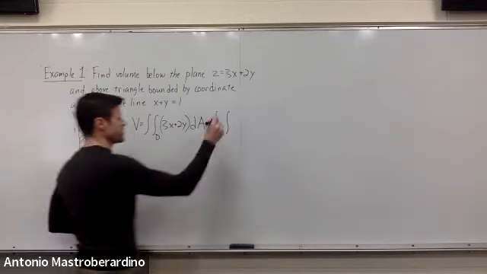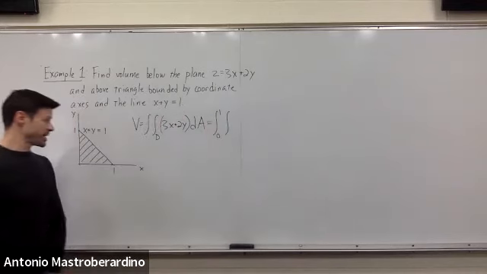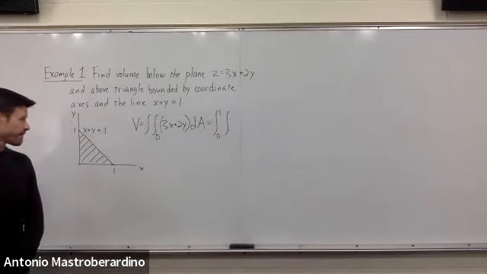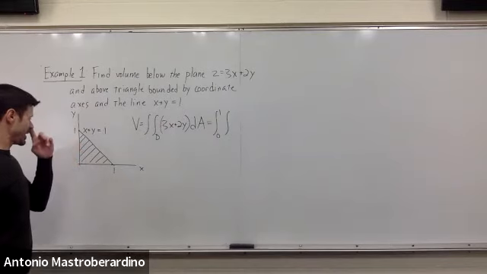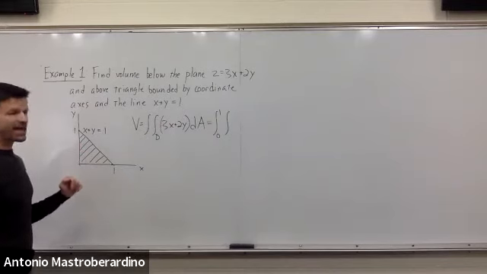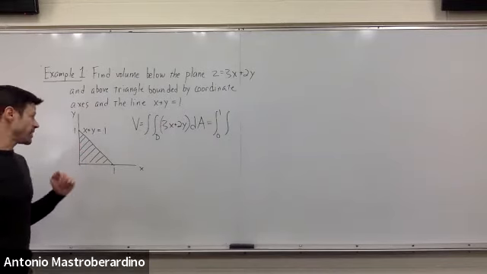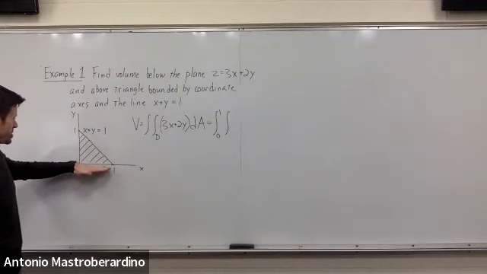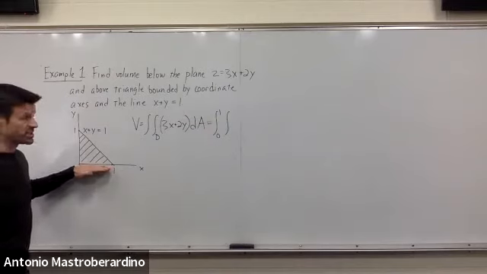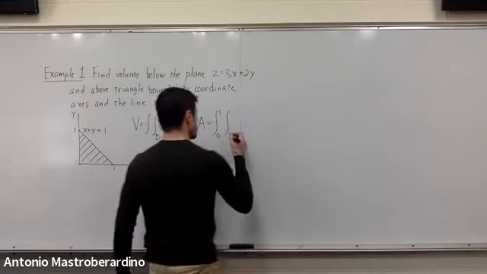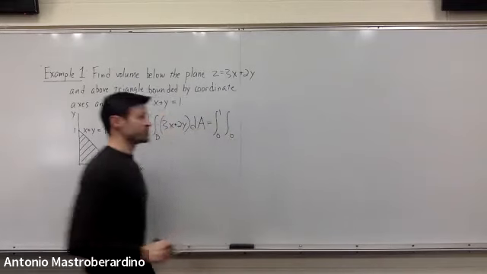Okay. And so x, as you can see, ranges between 0 and 1. Right. Now for y, we have to think of functions of x that form the boundary of our region. Okay. And so here is the lower boundary of that region, and it's simply the x-axis. And the way to describe the x-axis is y equals 0. So our lower limit of integration is just 0.